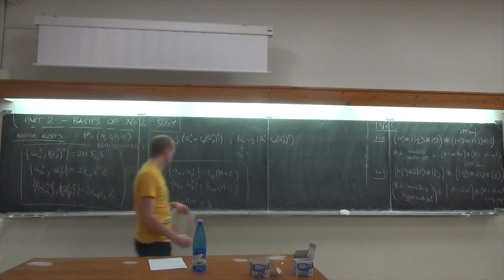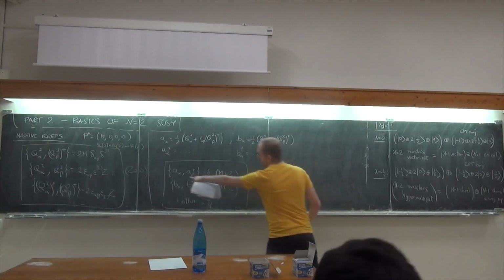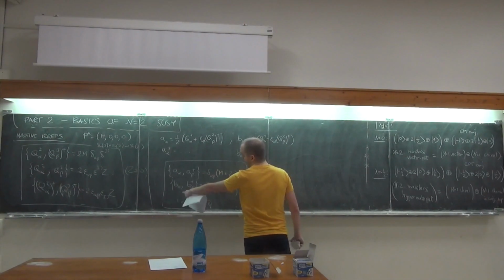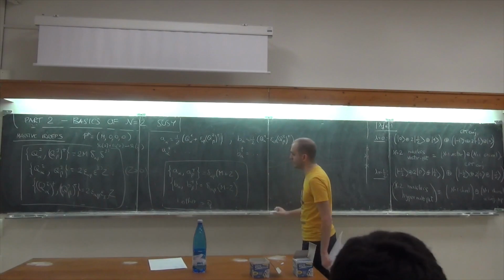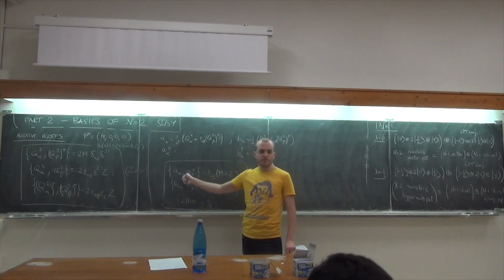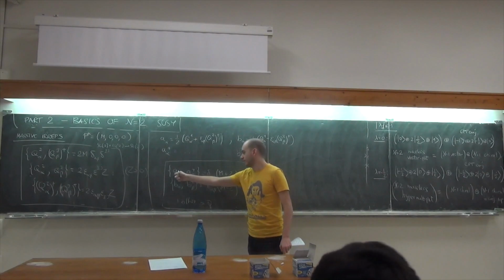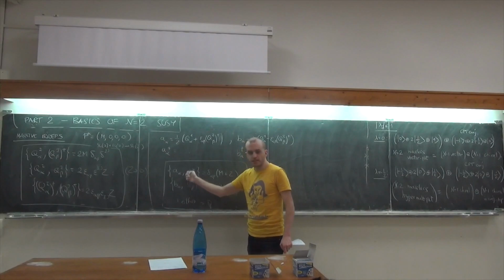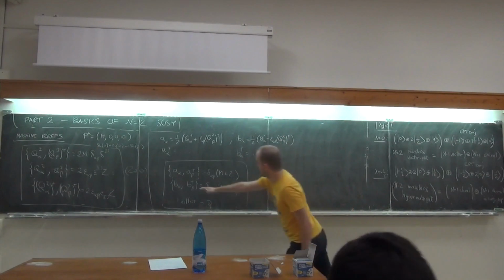So now, if you set alpha equal beta in the first anticommutation relation or the second anticommutation relation, you get a positive semi-definite operator here, something which looks like A A dagger plus A dagger A, and similar here.